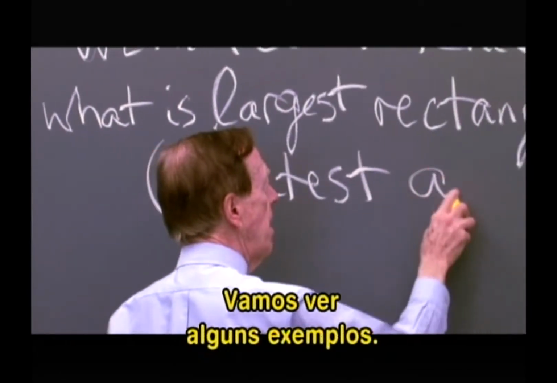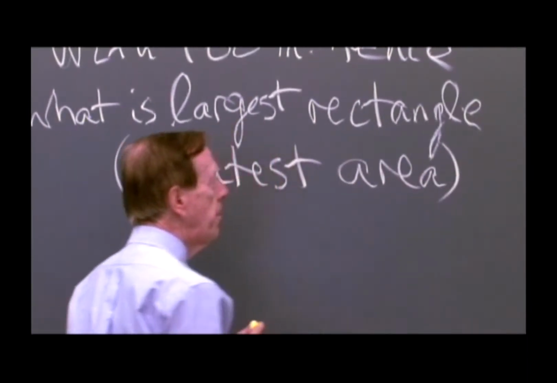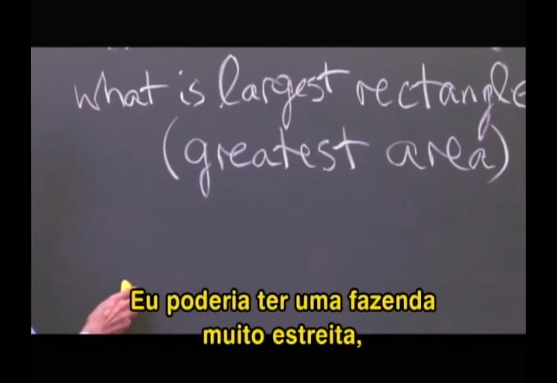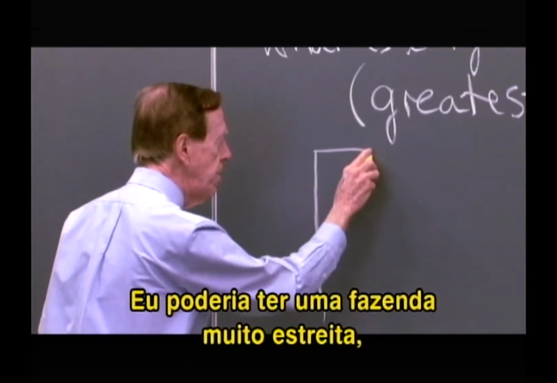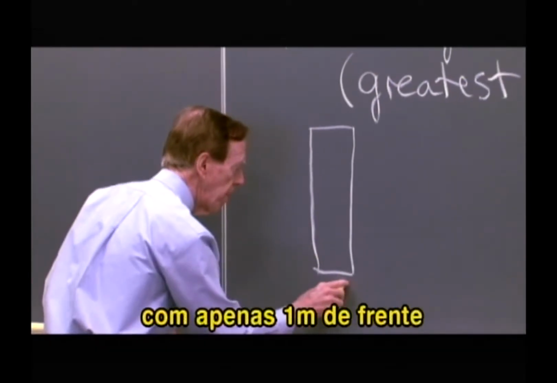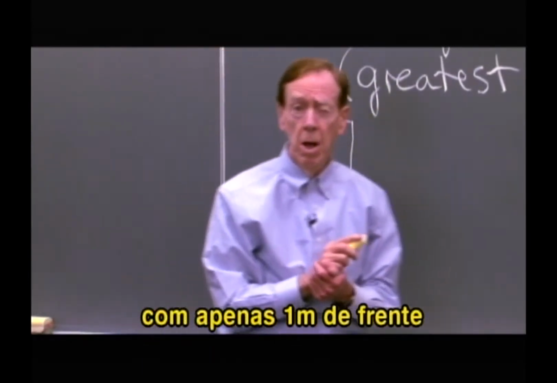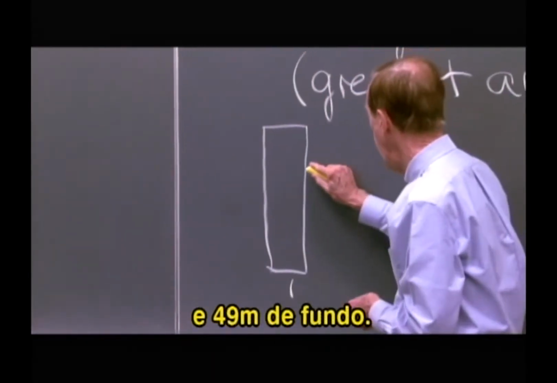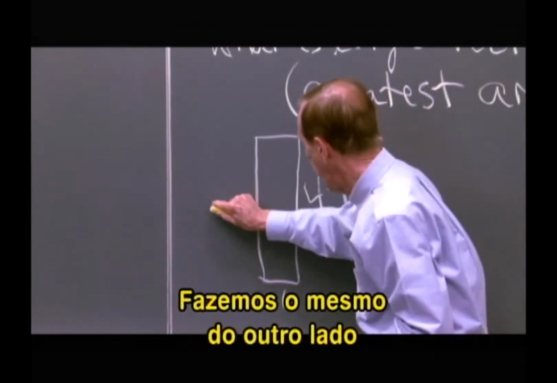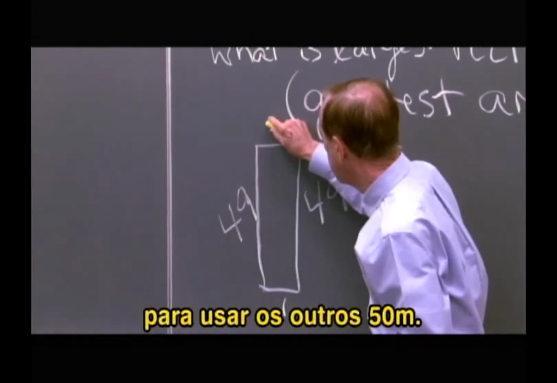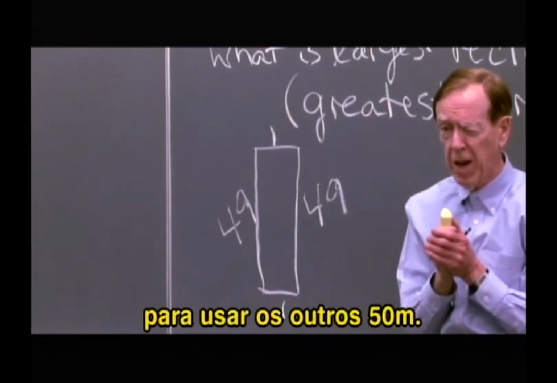So let me do some examples. Here's an example. I could have a long, narrow region, say only 1 meter across, 49 up, then that uses 50. Over here, 49 and 1, because it's a rectangle, would use the other 50.